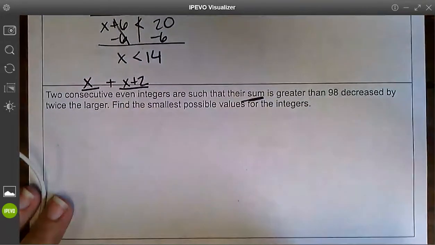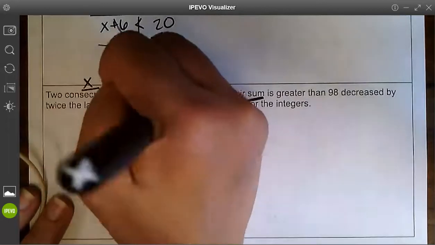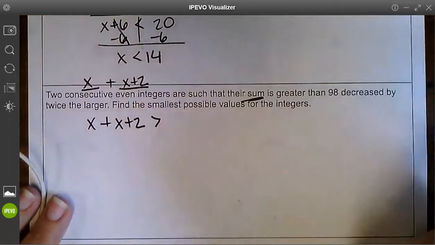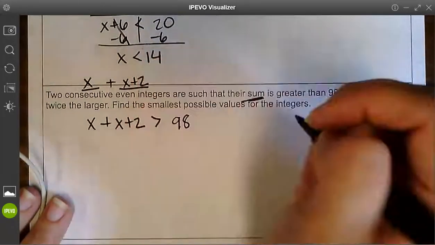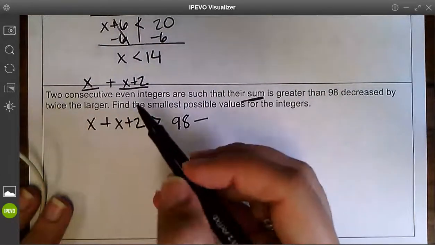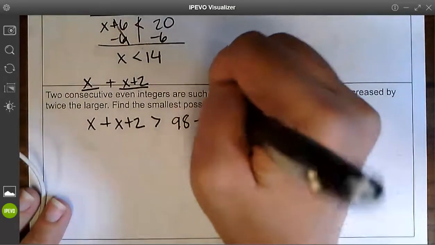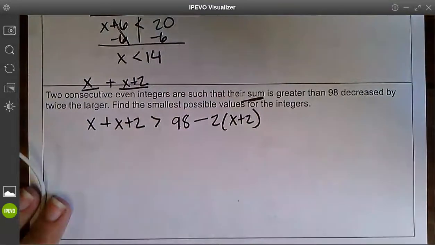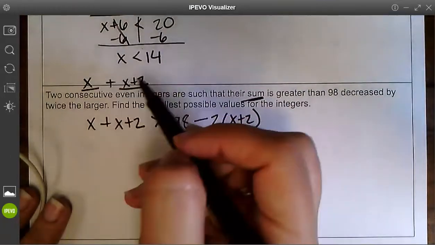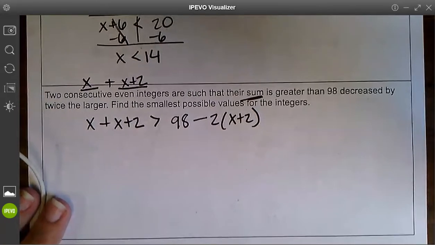Their sum is greater than, so I have x plus x plus 2 is greater than 98 decreased by, which means I'm subtracting, twice the larger number. Well, the larger number is x plus 2, so 2 times x plus 2. My smaller number would be x. My larger number is x plus 2. It says find the smallest possible values for the integers, so we're finding both integers.